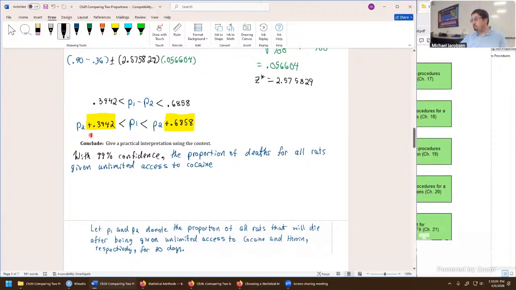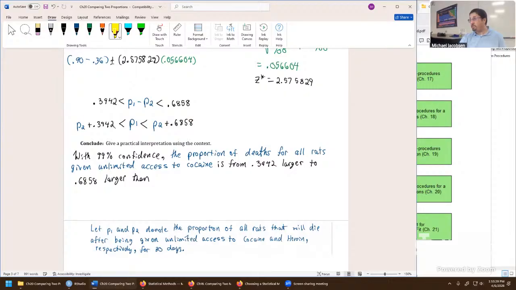So we'll say is from 0.3942 larger because we see the plus. If it was a minus, we'd say smaller than, to as much as this much larger, to 0.6858 larger than, we have to say larger than what, but now we're focusing on the P2 portion, and that's just the same rats being given unlimited access to heroin.